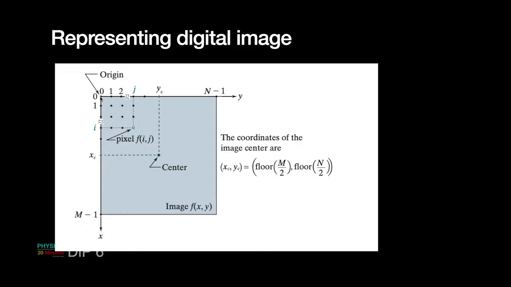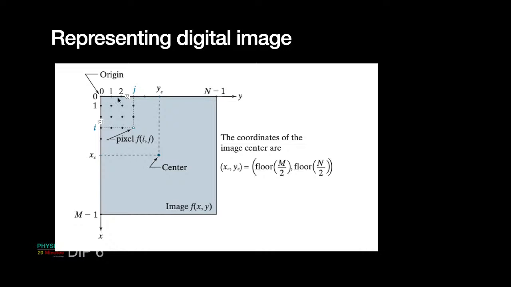So in a two-dimensional plane, we try to sample the image into some number of points, and if I call the top left point as my 0, 0, then I can have n number of points along the horizontal and m number of points along the vertical. Now you have to listen to me carefully.